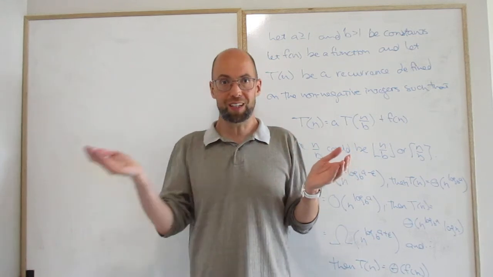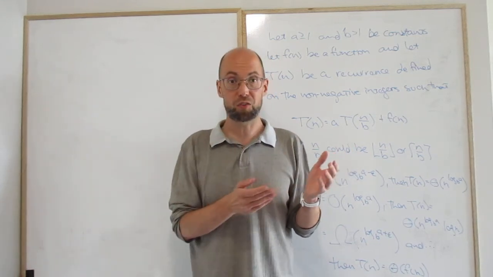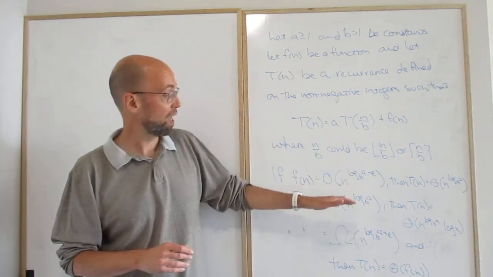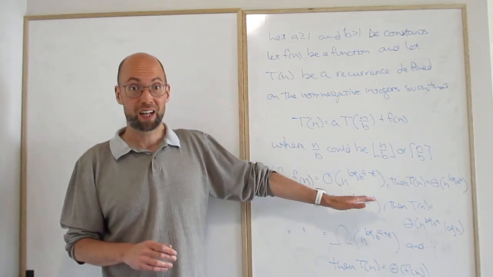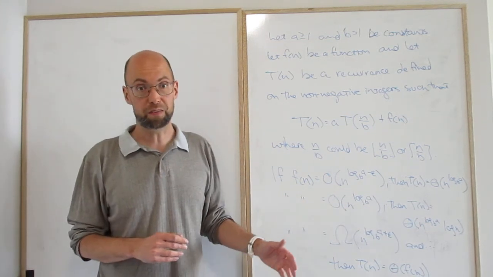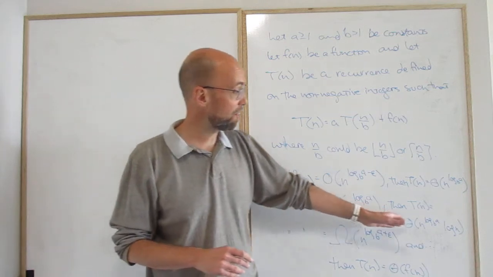So the work you're doing at each level of recursion in merge sort is about theta n. How many levels are there going to be? There's going to be like log base b of a.